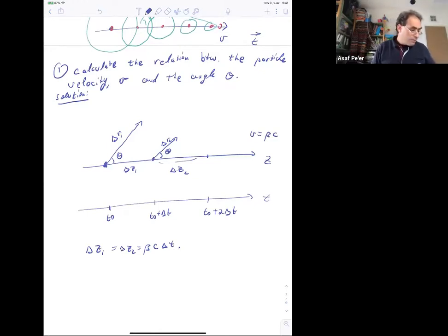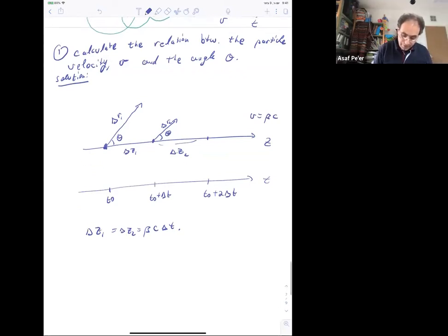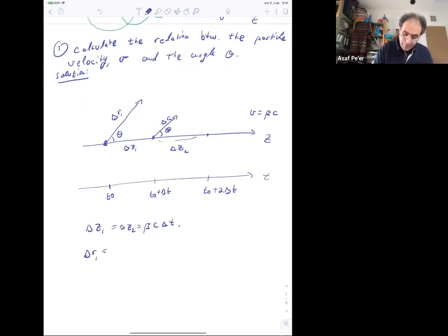Right, now the propagation of the emitted photons, right, what is delta r1? When the particle reached this point, after 2 times delta t, the photon reached a radius, which is what? What is the distance that the photon traveled? Let's say that when the particle was around here, it excited the particles in the material and they emitted a photon.